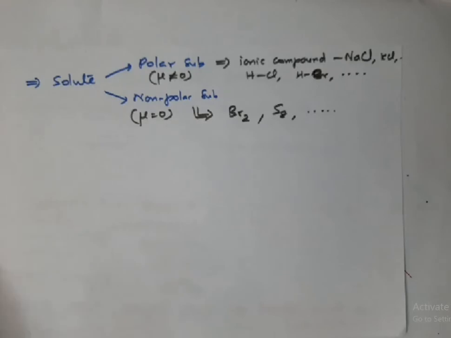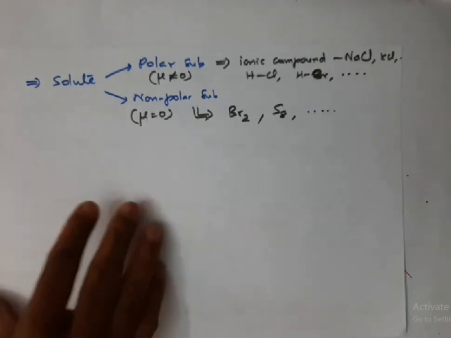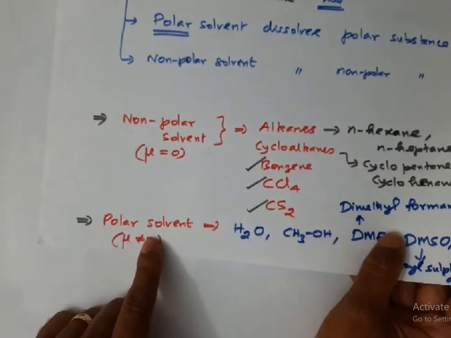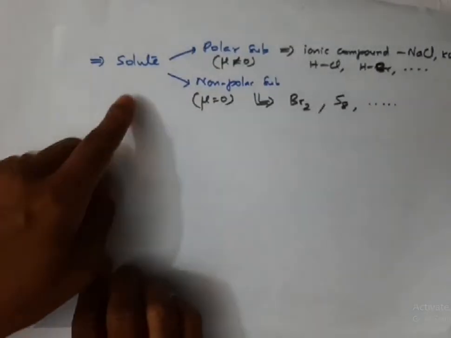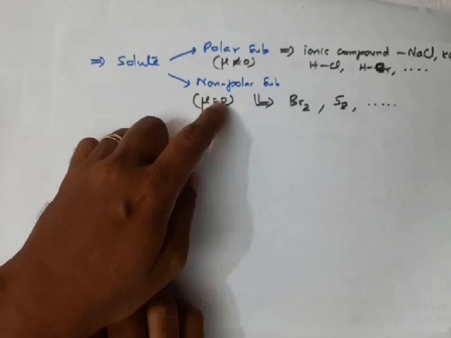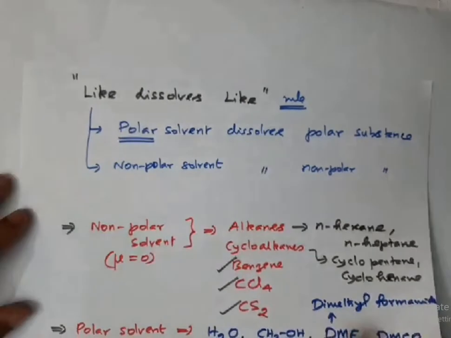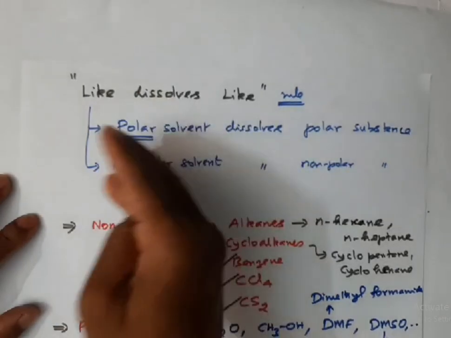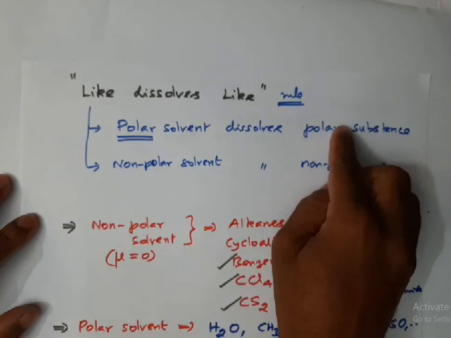So remember, in solvents we have polar solvents and non-polar solvents. In solutes also we have polar substances and non-polar substances. The like dissolves like rule says, if your solvent is polar, then it can easily dissolve polar substances.